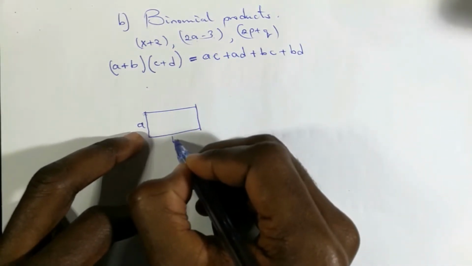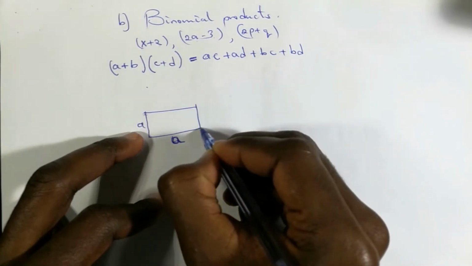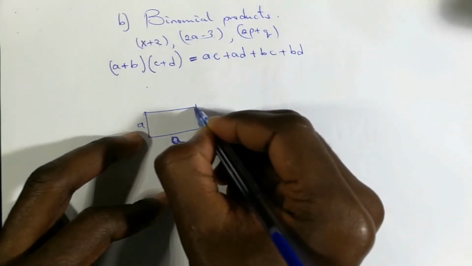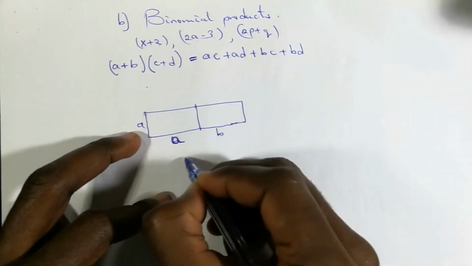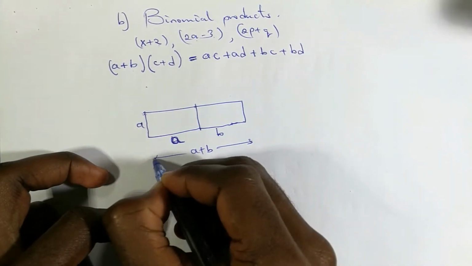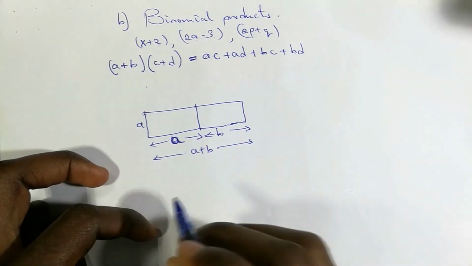I can call this lower one A, because I wanted to add B here, so that the whole of this will be A plus B, this length here. But here up to here is A, and here up to here is B.